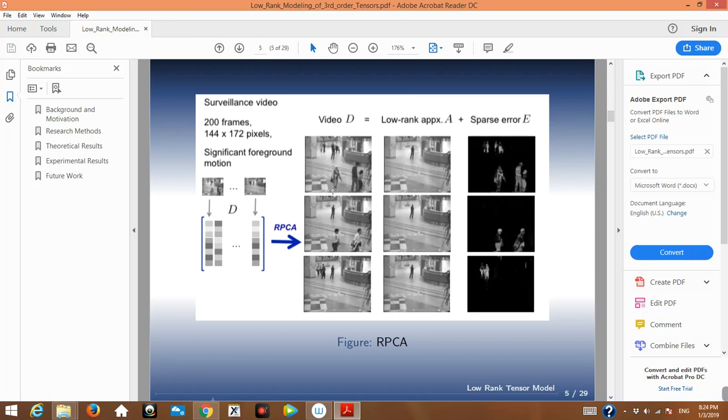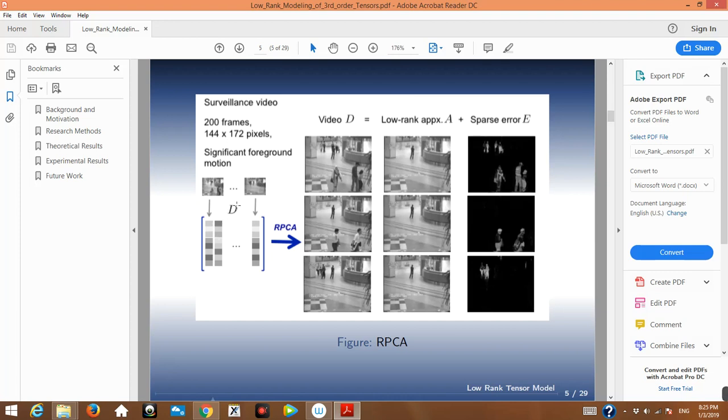So for each time, we have an image, and this image has height and width, and we can transform this image into a single column in a big matrix D. For example, here we have 200 frames.